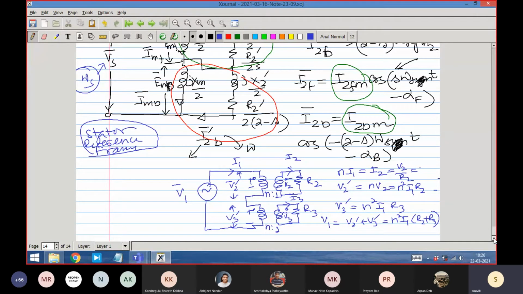Reaction is Faraday's way, that it should produce a corresponding reaction such that the resultant magnetic field is again stationary. So therefore, in order to compensate for the forward magnetic field, which is moving past it at s omega speed, it generates a current, creates a magnetic field, which with respect to the rotor is rotating at s omega speed. Right?